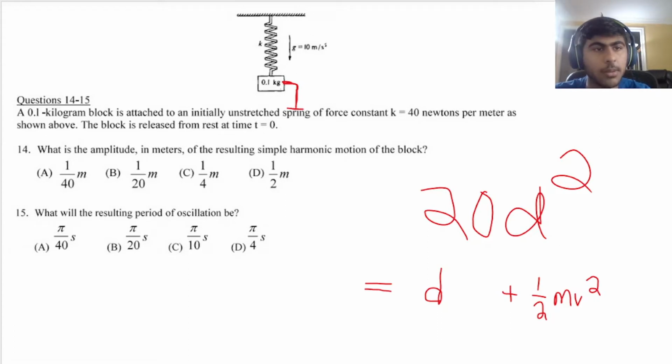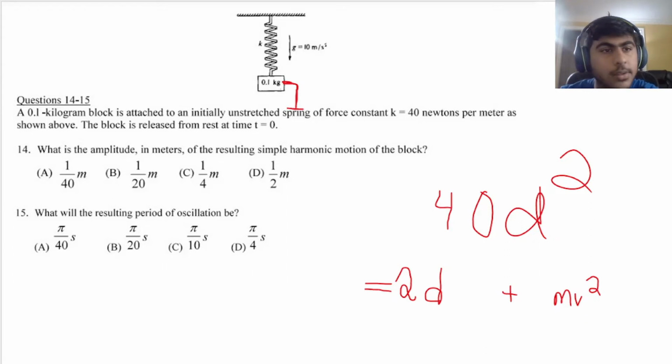Multiply the whole thing by 2, and we end up with 40d squared equals 2d plus mv squared. So now we really just have to figure out what mv squared is. So we know that m is 0.1. Now I have to think about v.